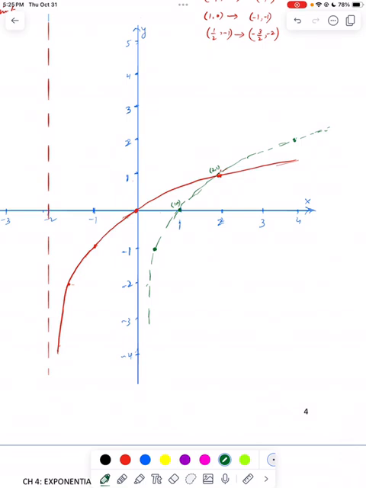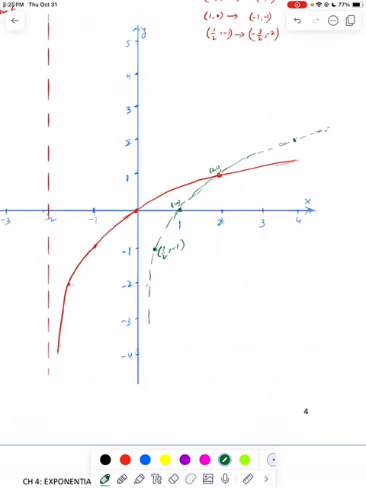I took 4 points. Again, these 3 points should be enough. So this is 1/2, -1, and then 1, 0, and then 2, 1. Okay.